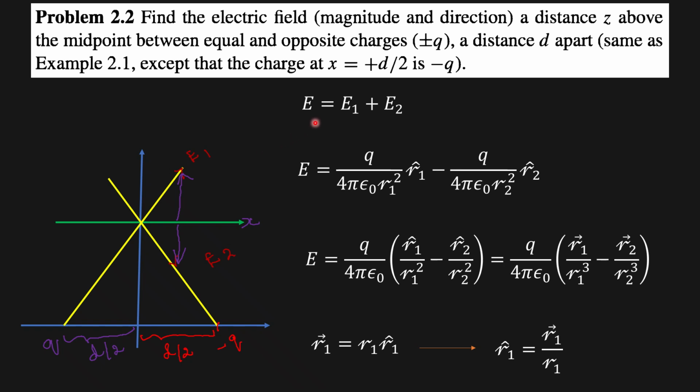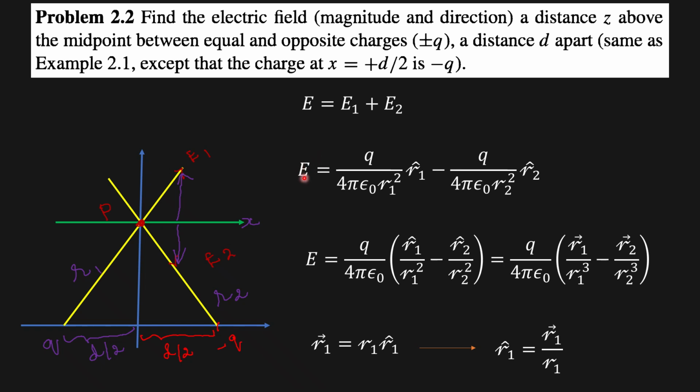So the electric field E is equal to E1 plus E2. E1 we can take as q over 4 pi epsilon naught script r1 squared. This is script r1, the distance between the plus q and the point under consideration, which is point P. Similarly, the distance between minus q and point P is script r2.